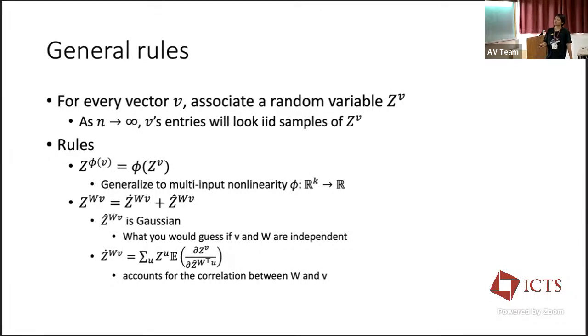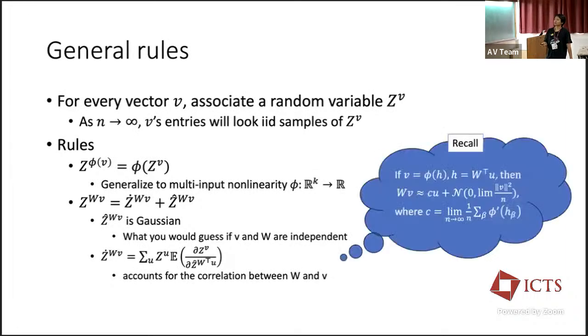And then there's a random variable on the outside, which corresponds to the vector before. So this is the example we saw. If V equals phi H and H equals W transpose U, then WV looks like a linear copy of U plus a Gaussian part. So the Gaussian part corresponds to Z hat, and CU corresponds to the Z dot term.